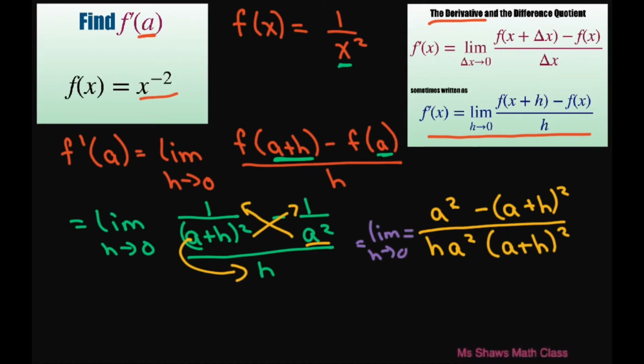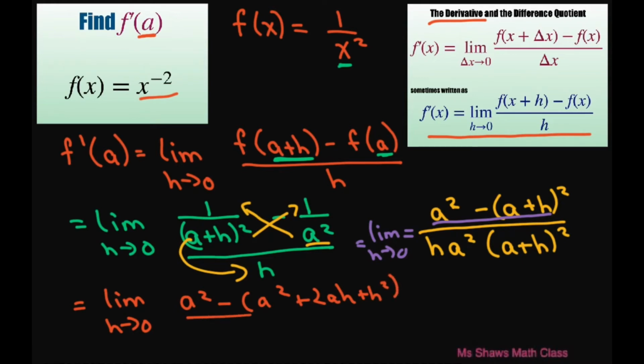All right, now let's fix up this numerator here. This is going to equal the limit as h approaches 0. You have a squared minus, this is a squared plus 2ah plus h squared. And we still have for our denominator h times a squared times a plus h squared.